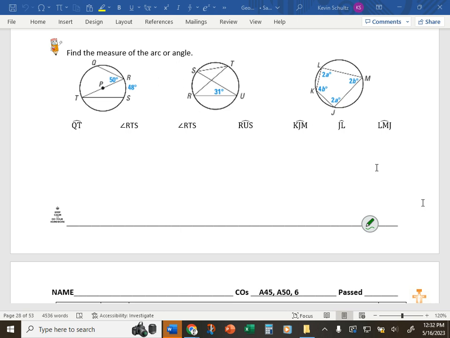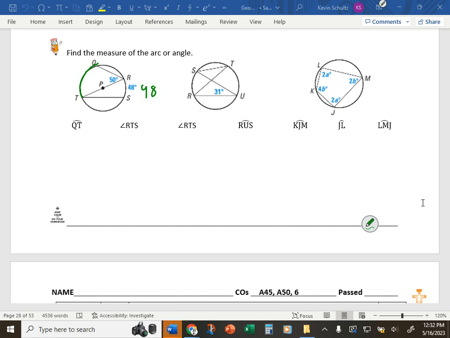Raise your hand if you can tell me what is the measure of arc QT. David, it's one thing to be loud, it's another thing to be loud and wrong. So please raise your hand. Who can tell me the measure of arc QT?